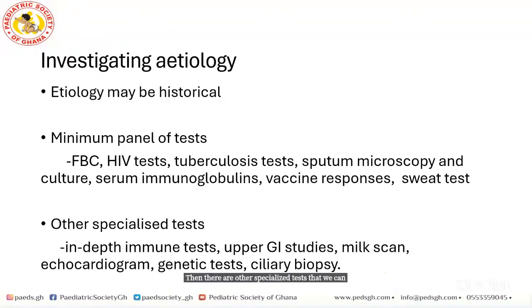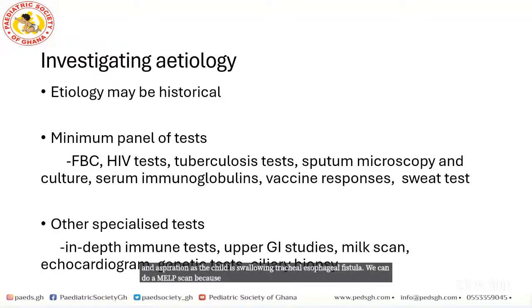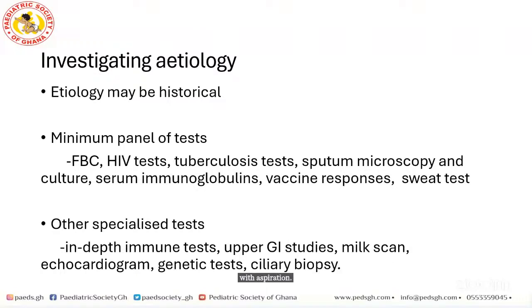We can do in-depth immune tests to test that the child is immunocompetent. And we can do upper GI studies because we are looking for aspiration as the child is swallowing, tracheoesophageal fistula. We can do a milk scan because we are looking for reflux with aspiration. We can do an echocardiogram, maybe the child has a congenital heart disease. We can do genetic tests for any of the things.